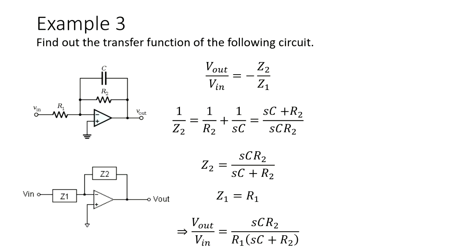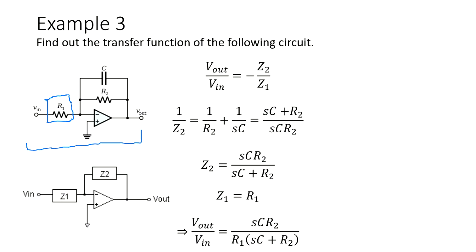Okay, so another example for the operational amplifier, right? We know that V out over V in is minus Z2 over Z1. And this is Z1, which is R1.